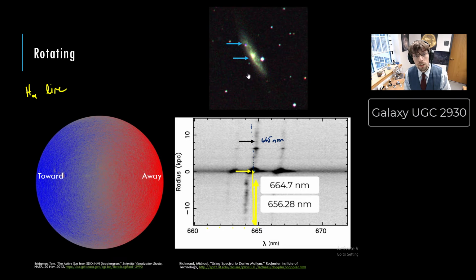Or there's a location below which is shifted to the blue end of the spectrum with respect to the central bulge. Because the top is shifted even more to the red end of the spectrum, it must be moving away from us even faster. So the top is moving away from us, whereas the bottom is moving towards us. So we have an idea about both the speed of the central bulge, whether it's going away from us or towards us, but also the rotation of the entire galaxy.